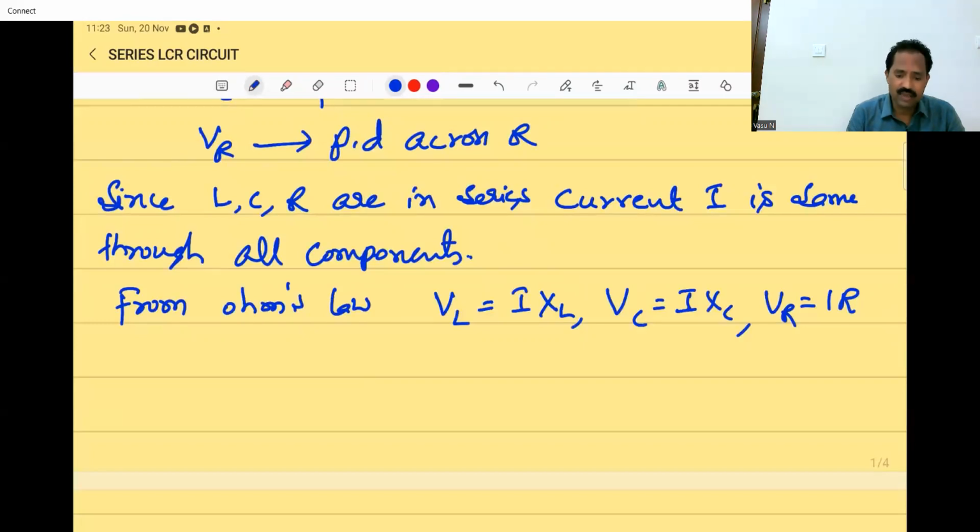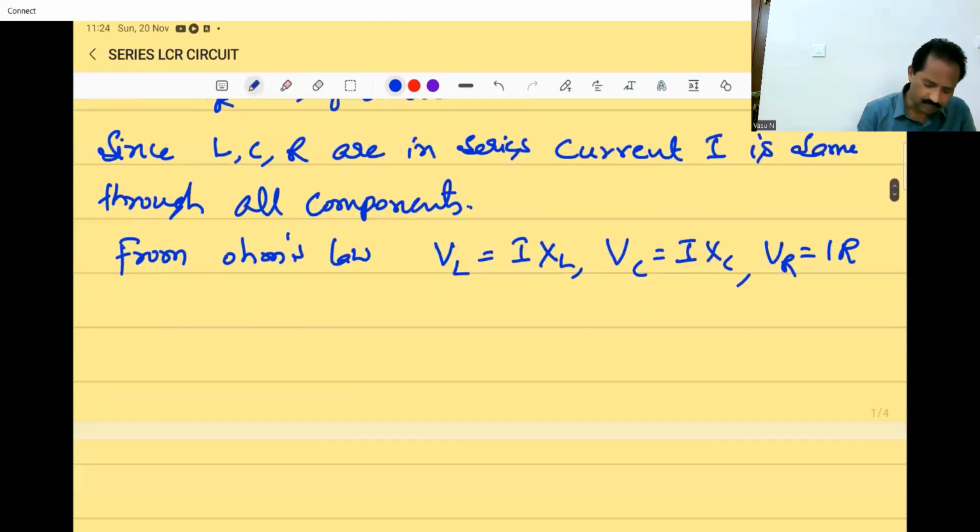In case of capacitance, it is capacitive reactance. In case of R, it is R only.